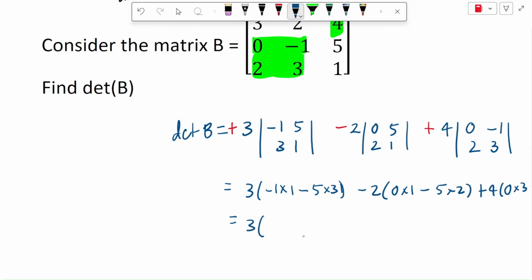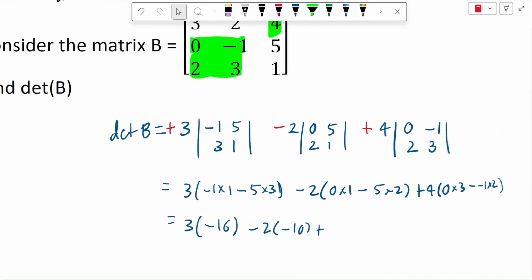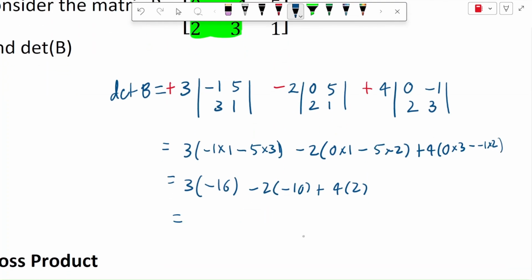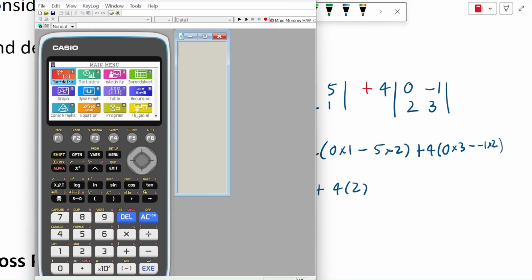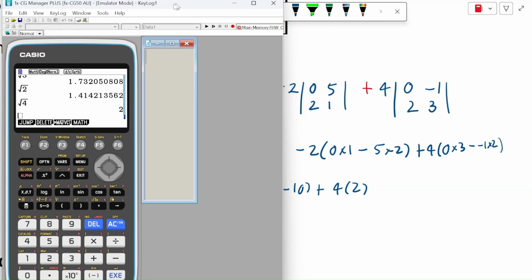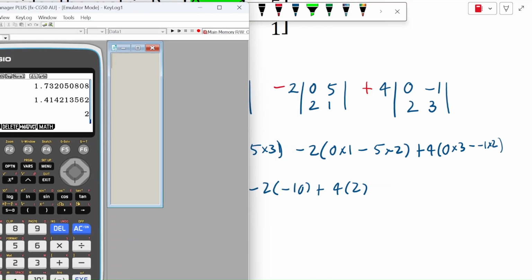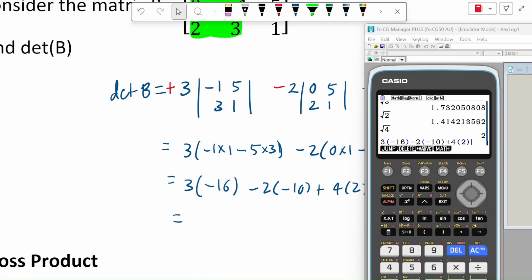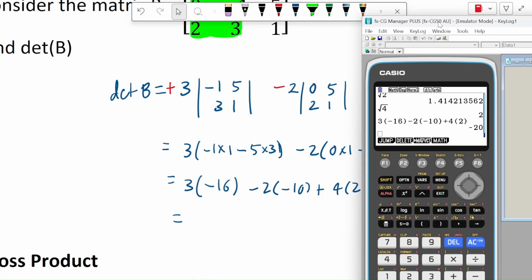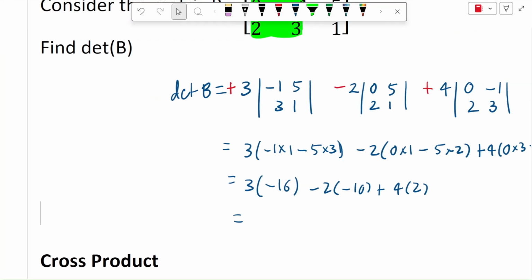This is 3 lots of minus 16, take 2 lots of minus 10, plus 4 lots of 2. We can just chuck that in a calculator and evaluate it. All right, so get all that typed in, and then the determinant is just minus 20.